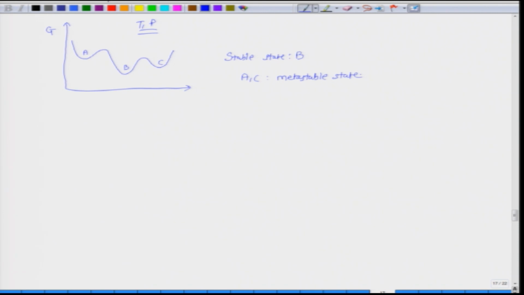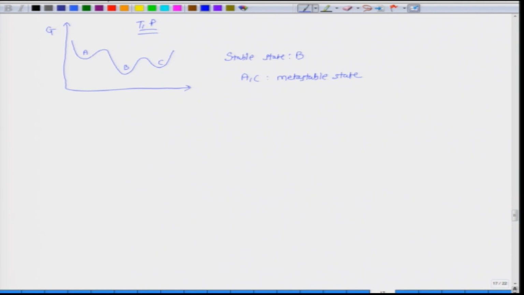They are called metastable because during a particular process or during a particular transformation, since the Gibbs free energy there is minimum, those states can be realized temporarily.